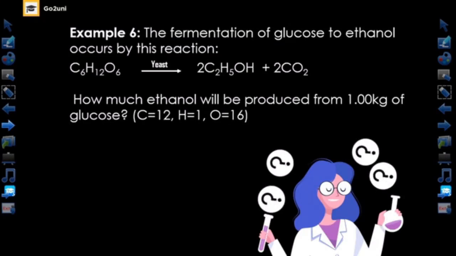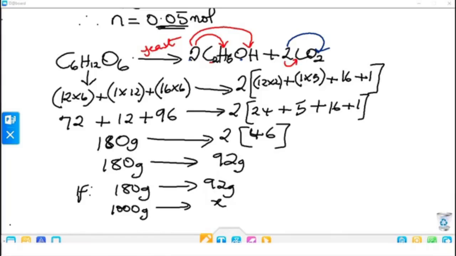And 1 kg of glucose is 1000 grams. Since all other species are calculated in grams, we have to make all units the same, and that is why we convert glucose to grams. 1 kg is equivalent to 1000 grams.